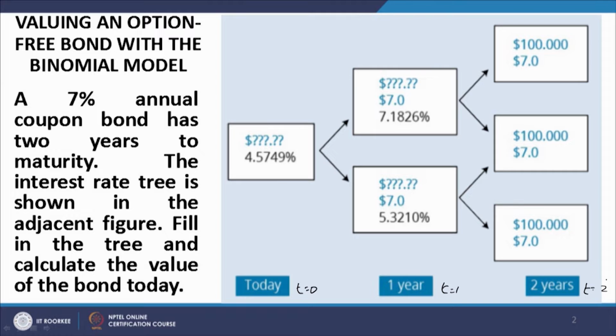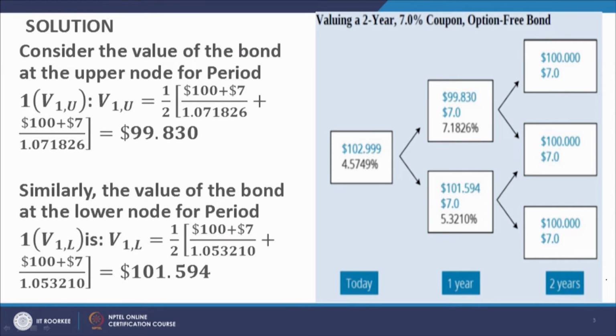Now, we look at the discounting part, that is displayed in the next slide. Here is the discounting part. So, just to recap, the cash flow occurring at t equal to 2 in all the scenarios, that is irrespective of what the discount rate is, what the interest rate is, will be 107, comprising of 100 of the principal repayment and 7 of the coupon payment.